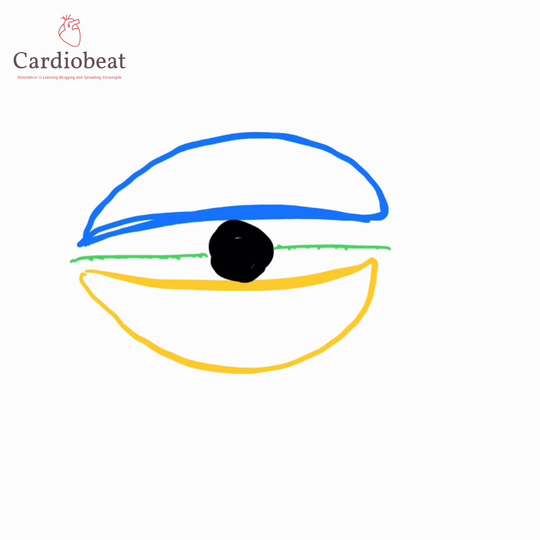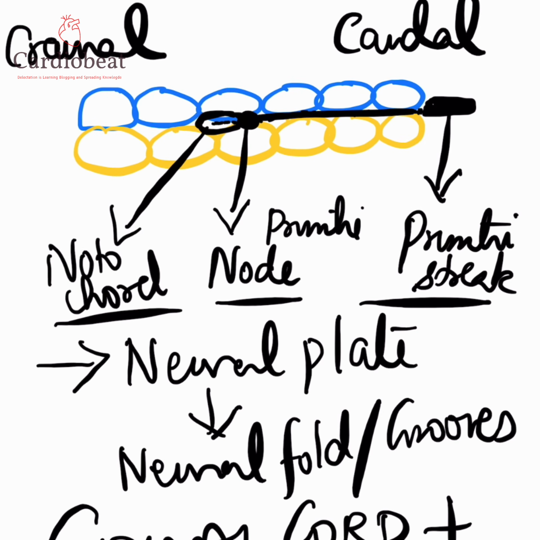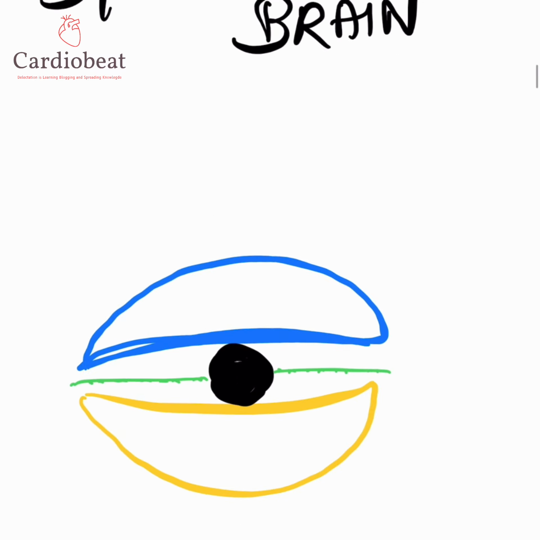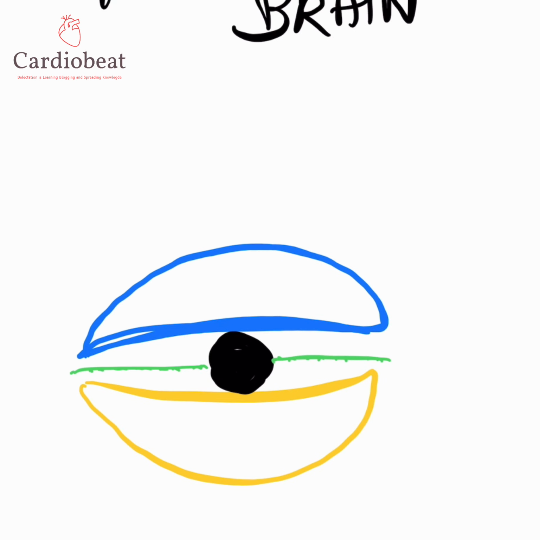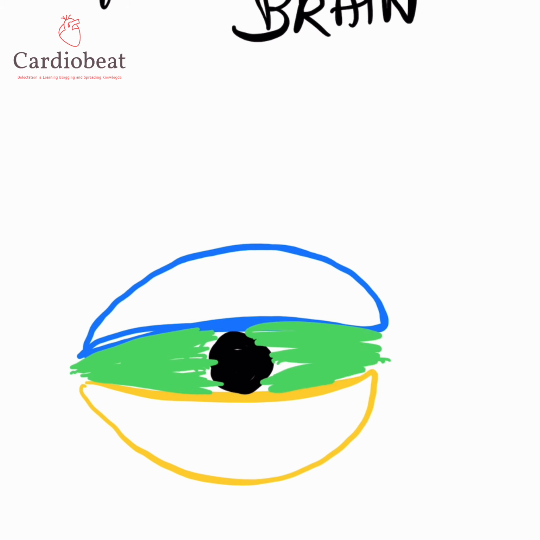So this is a cross section of the embryo at the midline, and the cells are also traversing laterally, forming a sheath of cells laterally separating the epiblast and the hypoblast.